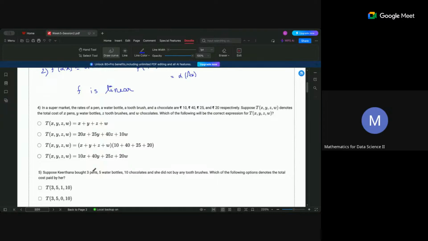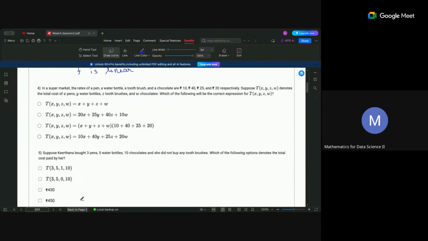So let us see how many of you can answer these two questions based on the topic we have seen in the previous session. We have seen an example very similar to this. Read this question, take a minute. You have the rates of pen, water bottle, toothbrush, and chocolate as 10, 40, 25, and 20 respectively.